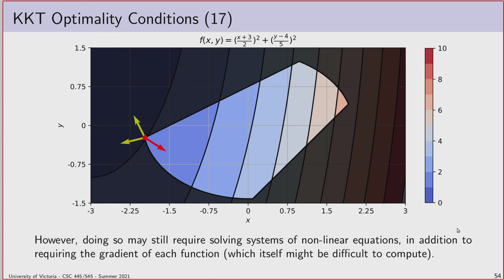And so this is pointing out that convex programming, so solving optimization problems where our functions are guaranteed to be convex, is now a great deal more tractable than the problems we saw in the previous lecture because of the KKT theorem. But I still have to solve nonlinear systems and I have to compute gradients and things if I want to work outside of, let's say, a linear setting.